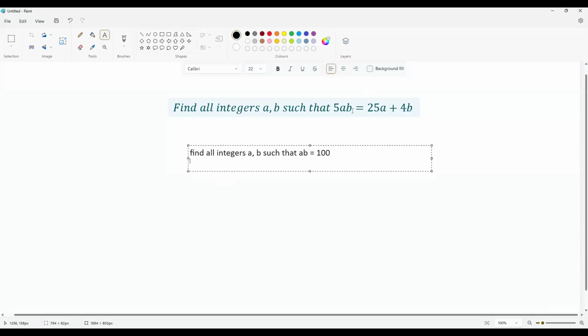But this 5ab equals 25a plus 4b is a bit different. So first, let's just move everything to the same side.